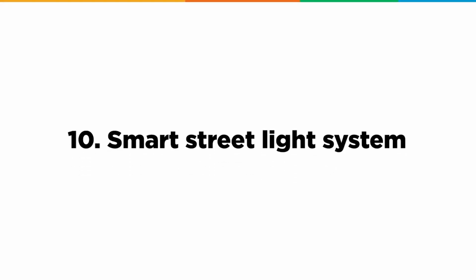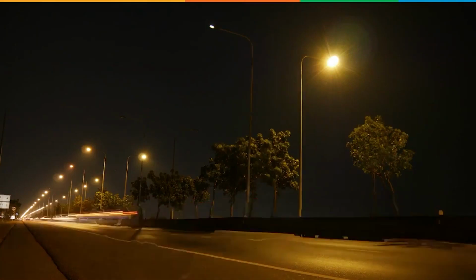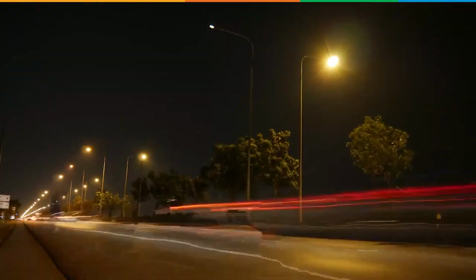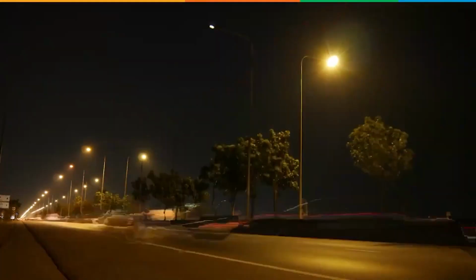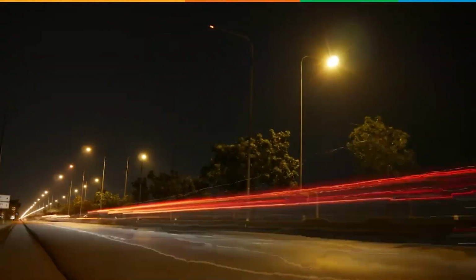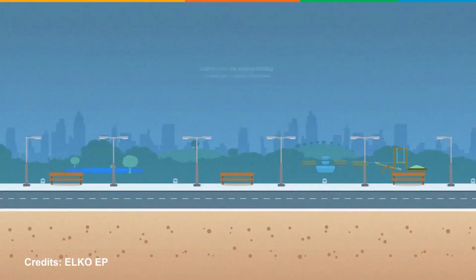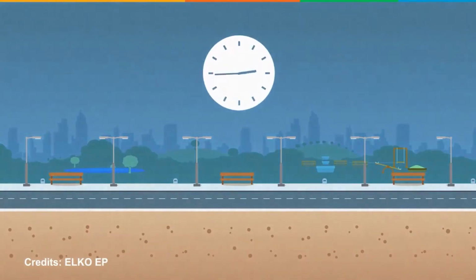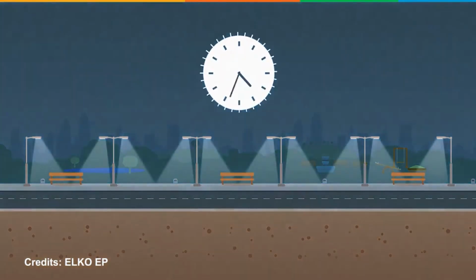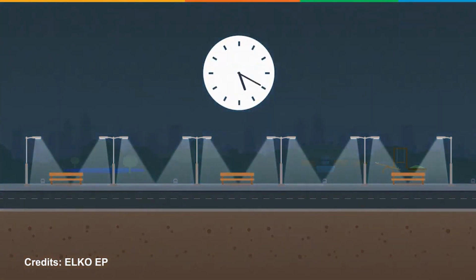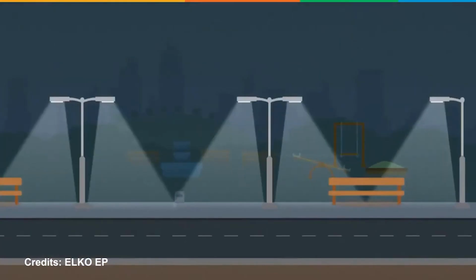And finally, at number 10, we have smart street light system. This IoT-based street light monitoring system not only monitors but also ensures low power consumption and detects faulty lights. The street lights have external sensing that automatically turns on at the desired intensity based on the lighting needed.